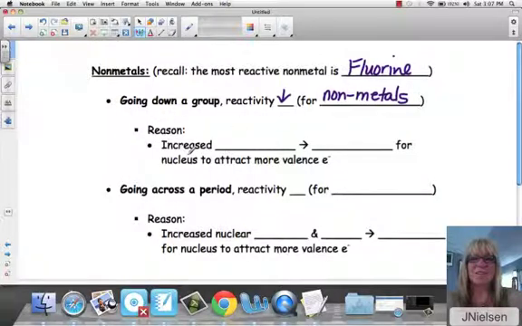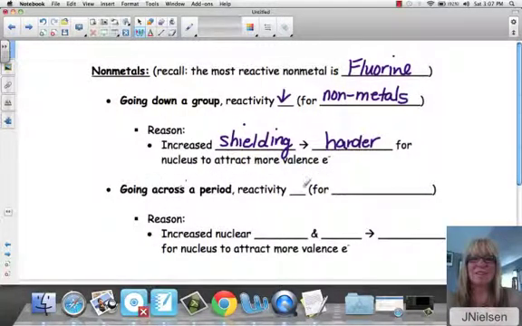However, the reason being is because there is increased shielding. And it's harder for the nucleus to attract more valence electrons because the magnet is so far away.